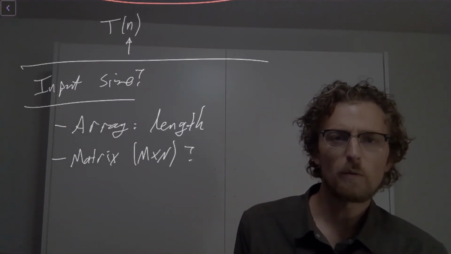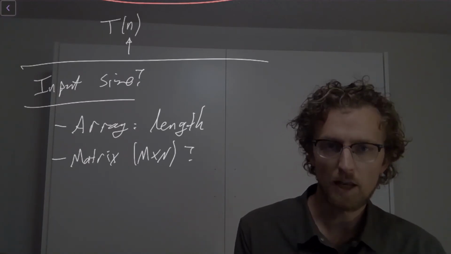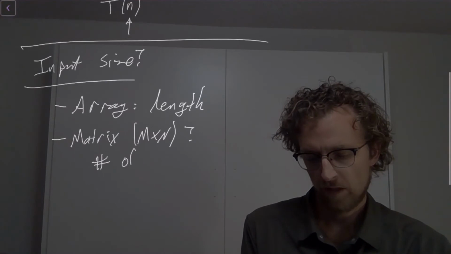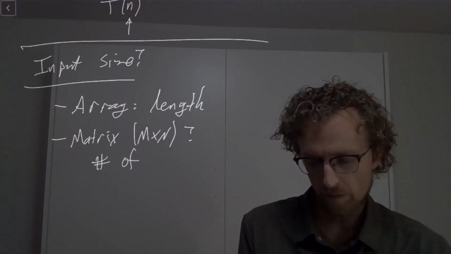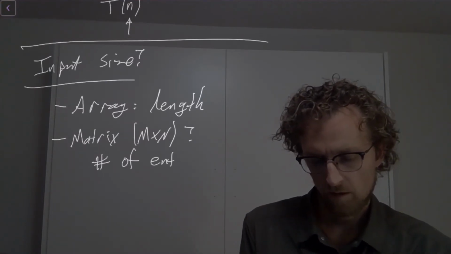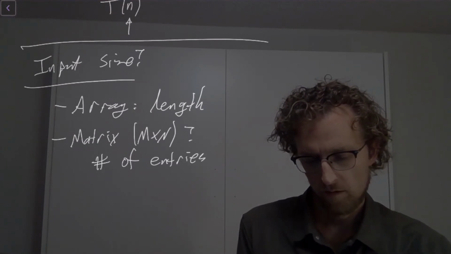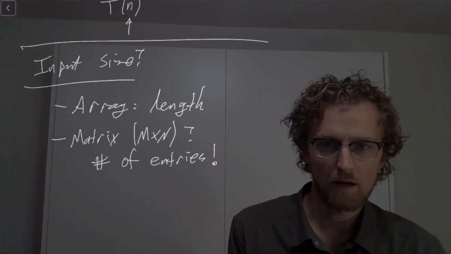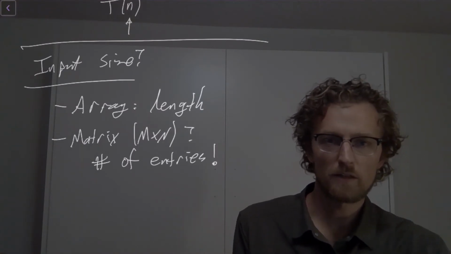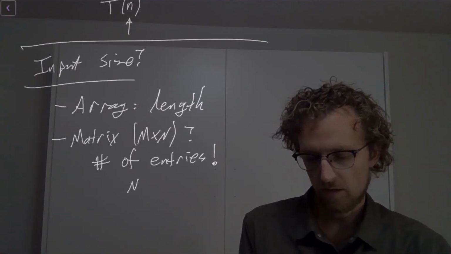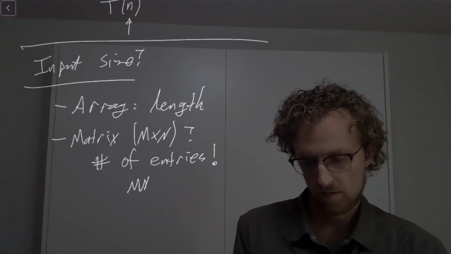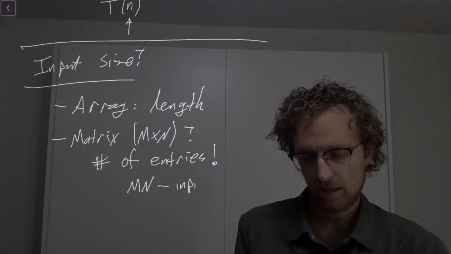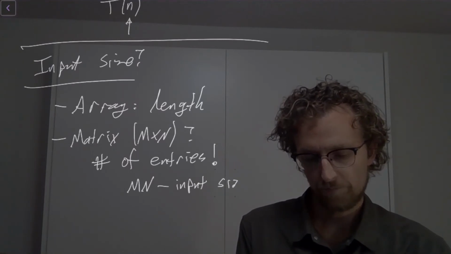To be strict, we want to describe the input size as the number of entries in the matrix. So how many entries are there in an m by n matrix? Well, there's literally m times n entries, because we're talking about the size of a rectangular grid. So mn would be a valid input size.